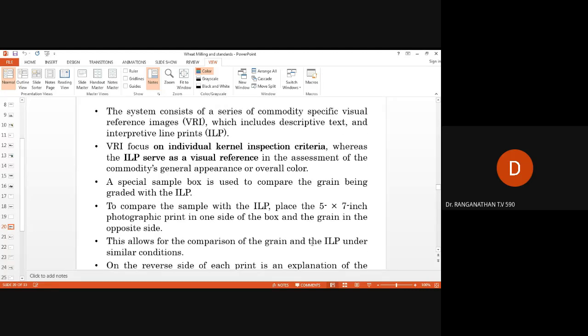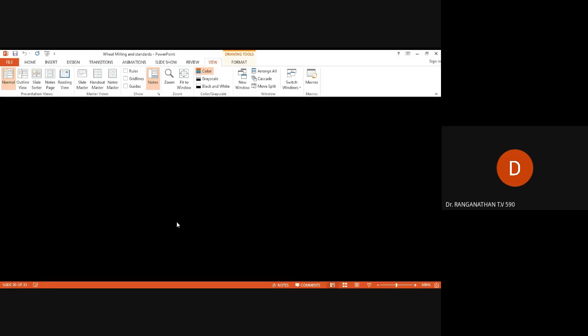The sample is put in a 5 by 7 inch photographic print on one side, and then the color is compared with a standard color comparator. Maybe next semester, when you come here, you will be able to do it, and you will also be doing similar work for your project. That is, you compare this with the standard, which will give an idea of which grade it is. Okay.